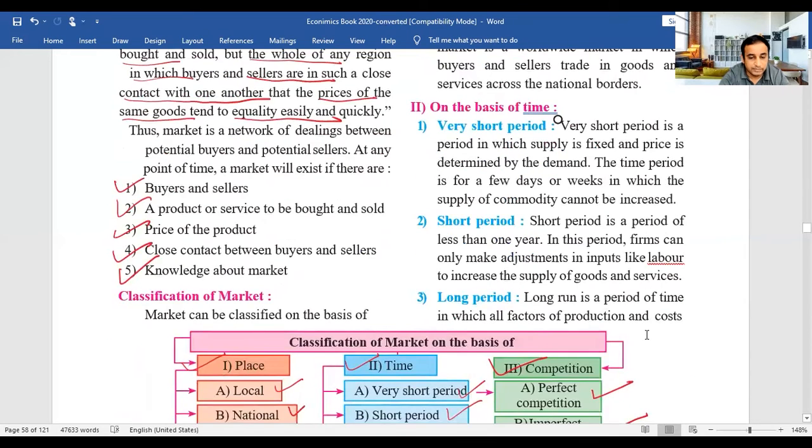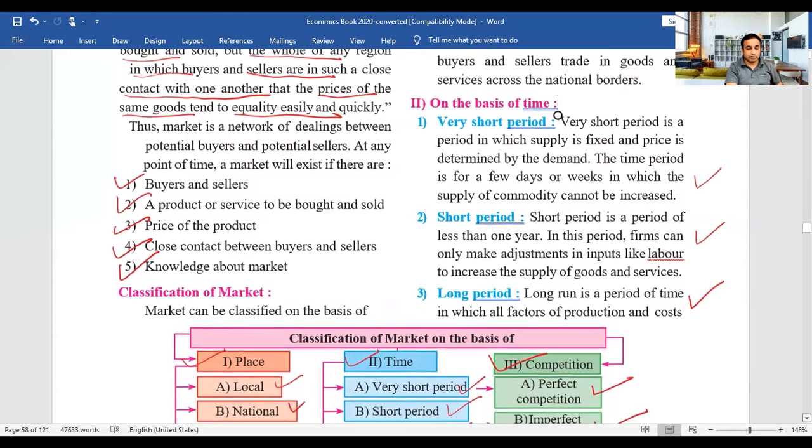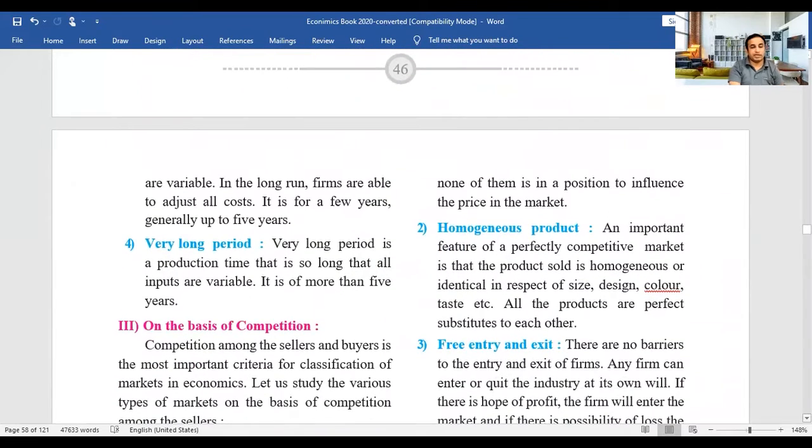On the basis of time, it could be very short period market, that is a market for perishable goods. It could be short period market, that is market for the consumer goods. It could be long period market, that is market for the real goods, or it could be very long period market where real estates and other assets are being sold and purchased.